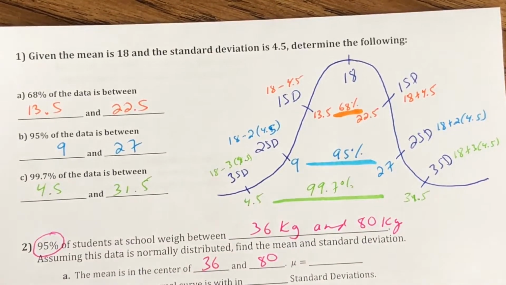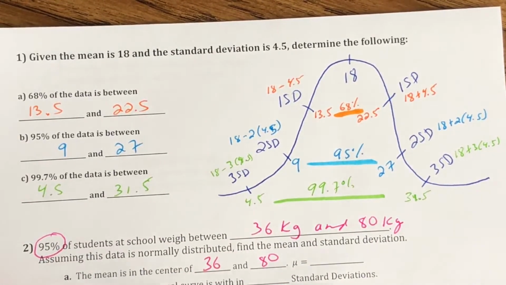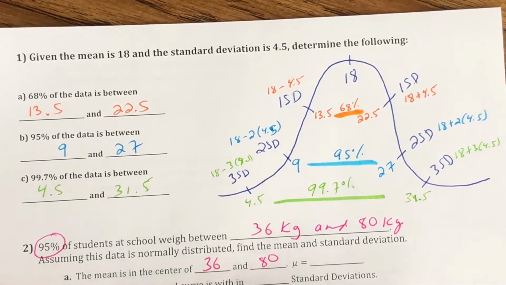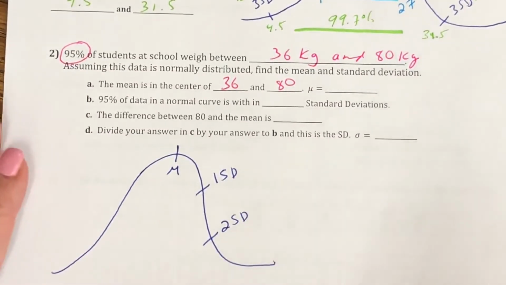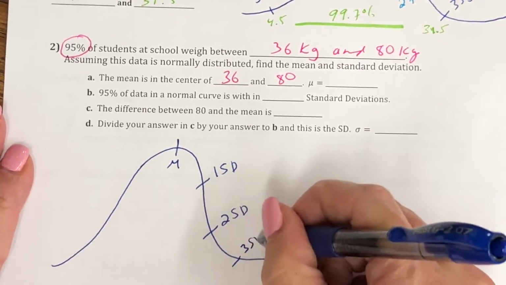So if I was to draw this out, let's look at our bell curve here. So this is the mean, and I have 1 standard deviation, 2 standard deviations, and 3 standard deviations.